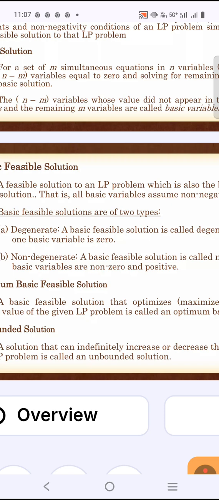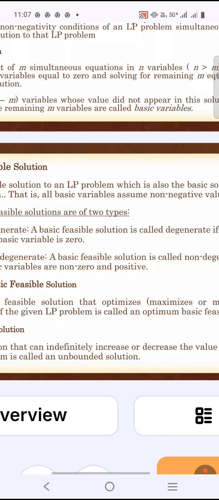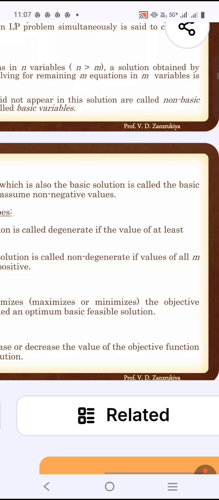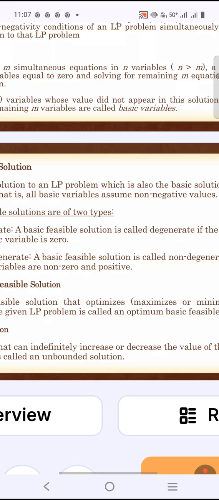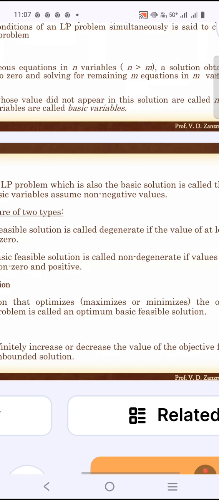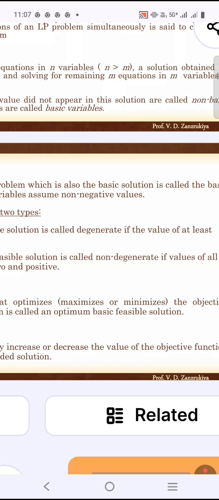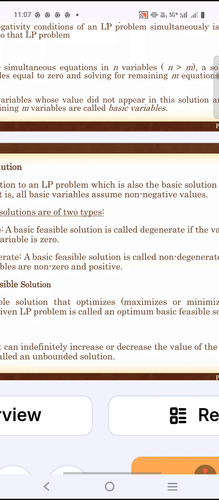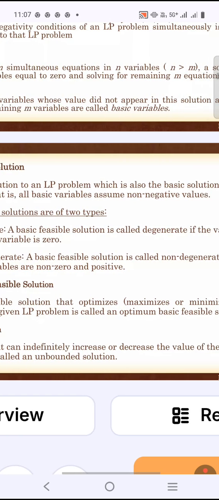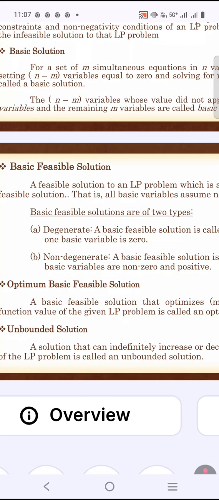A basic feasible solution is called non-degenerate if the values of all m basic variables are non-zero and positive.